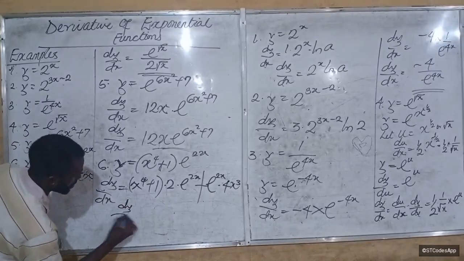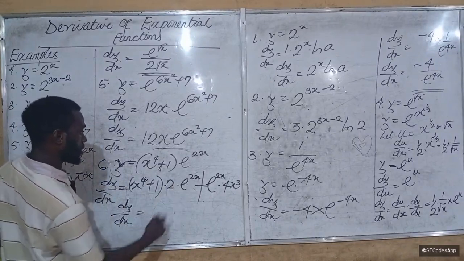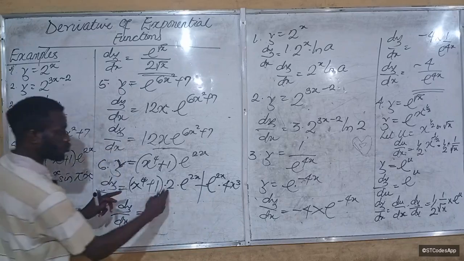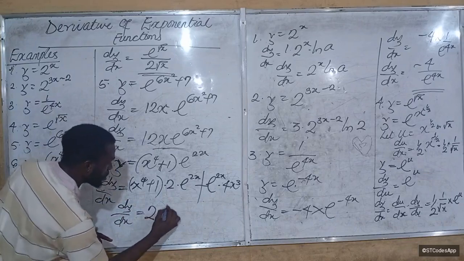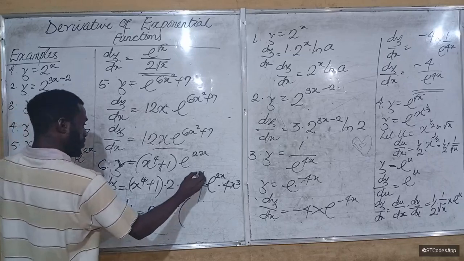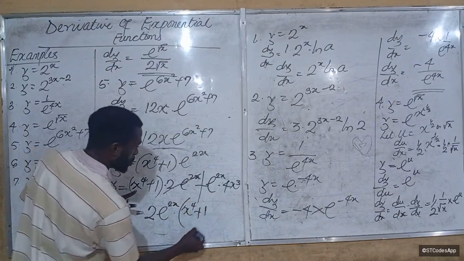Then dy/dx will now be equal to 2e to the 2x. Okay, if you notice, e to the 2x is common, so we can factor it out. 2 is also common. So we can factor out 2e to the 2x into a bracket. By the time we bring out this, it will remain x to the 4th plus 1.